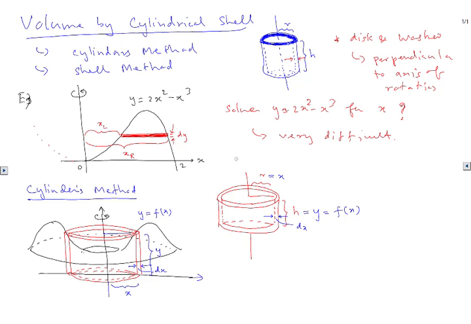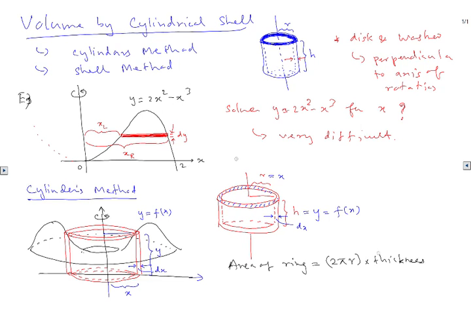Now what we're trying to find is the base area, which is the area of this ring. What's the perimeter, the length? We can write the area of the ring as the perimeter, 2 pi r, times the thickness.